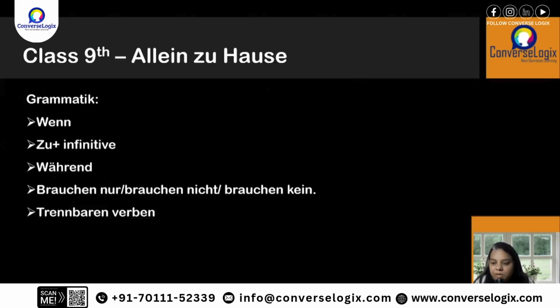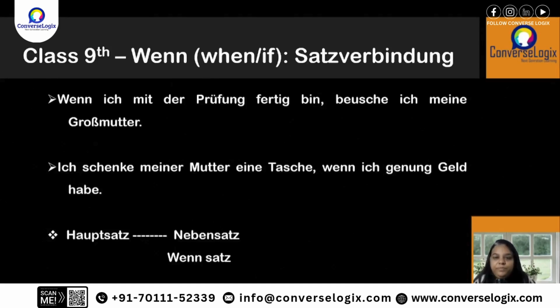Während बहुत ही इंटरेस्टिंग आपका जेनेटिव प्रेपोजिशन भी है, और während हम एज ए कनेक्टर भी यूज करते हैं. देन हाउ टू यूज ich brauche nur ein Buch, ich brauche heute nicht, ich brauche kein. So this structure also we'll understand. And एक बहुत इंटरेस्टिंग कॉन्सेप्ट which is present in German only, trennbare Verben. Okay, so let's start the first one.